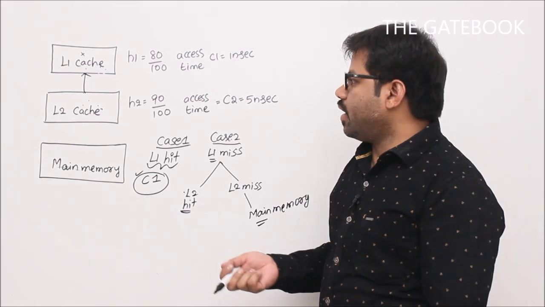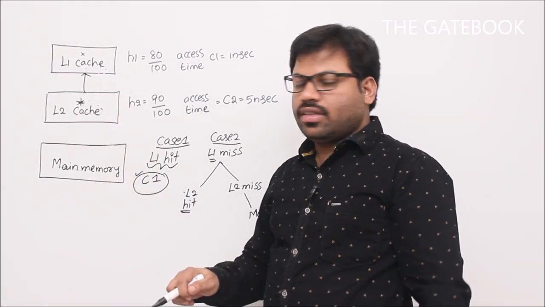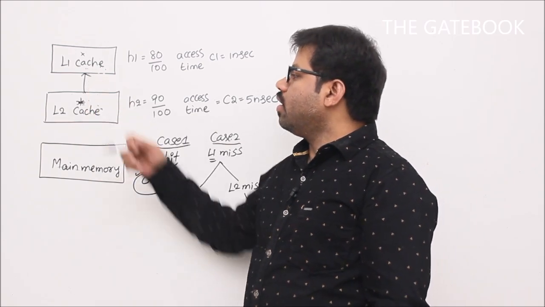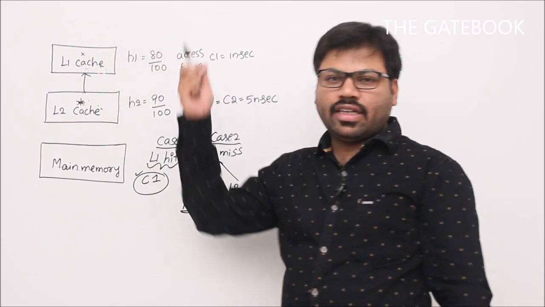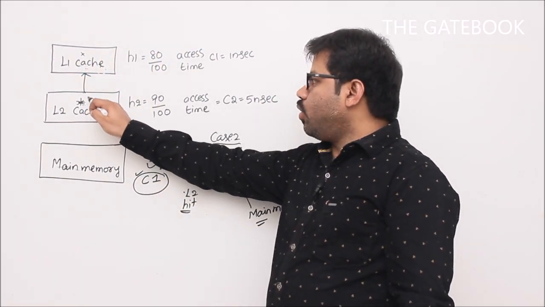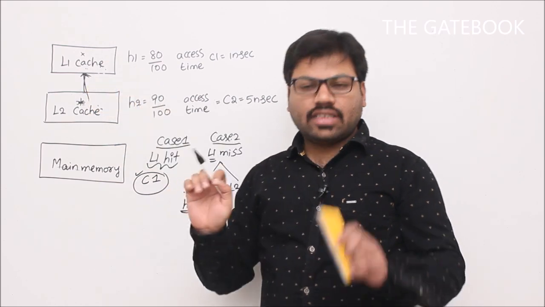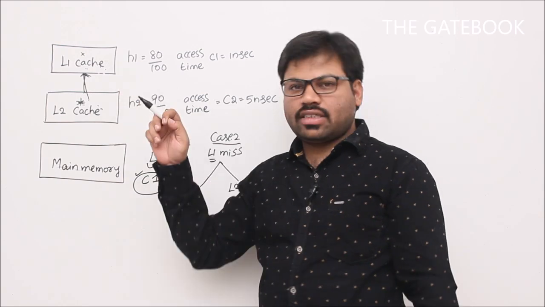That is a simple technique. For that we have to access the L2 cache. Remember one thing: transferring data from the L2 cache to the L1 cache is nothing but the L2 access time.